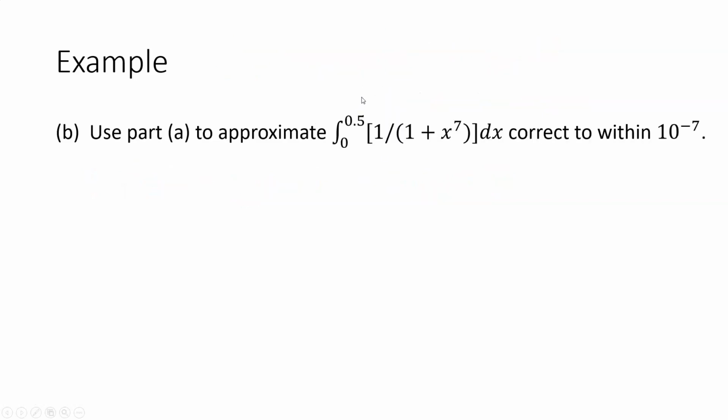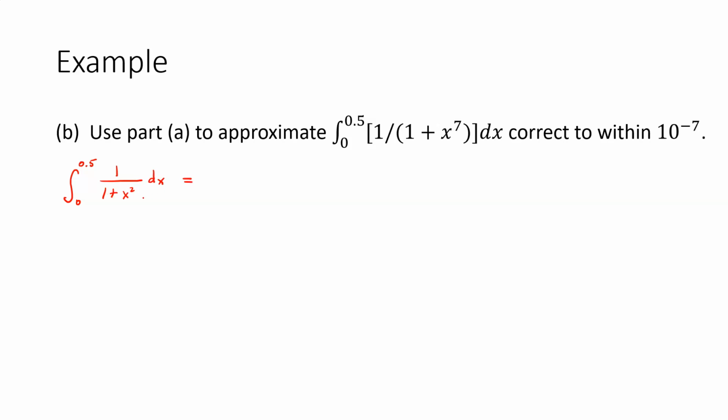In particular here, if I want to integrate from 0 to 0.5, we can approximate that as a power series. So let's write what that would look like. The integral from 0 to 0.5 of this function here.